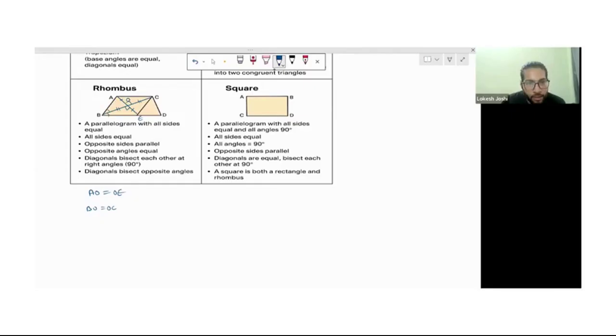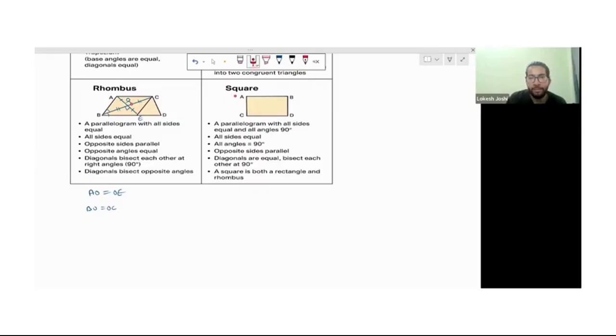Now for square. Square is a parallelogram with all sides equal. We have done this thing. All sides are equal. All angles are equal to 90 degrees. Opposite sides are also parallel. And diagonals are equal and bisect each other at 90 degrees. Okay, that's the difference between square and rhombus.